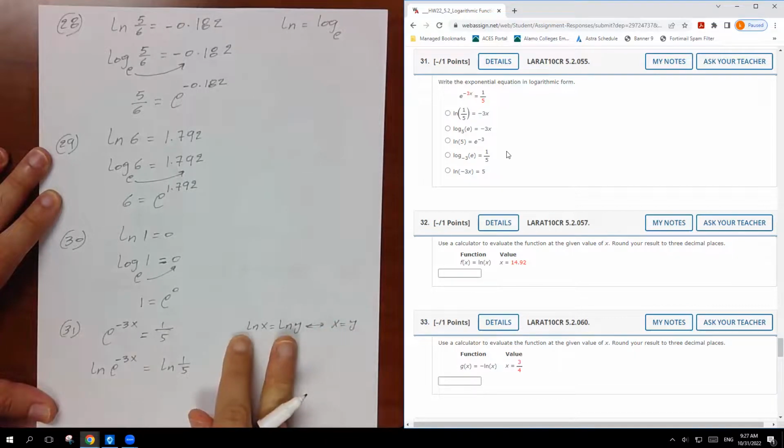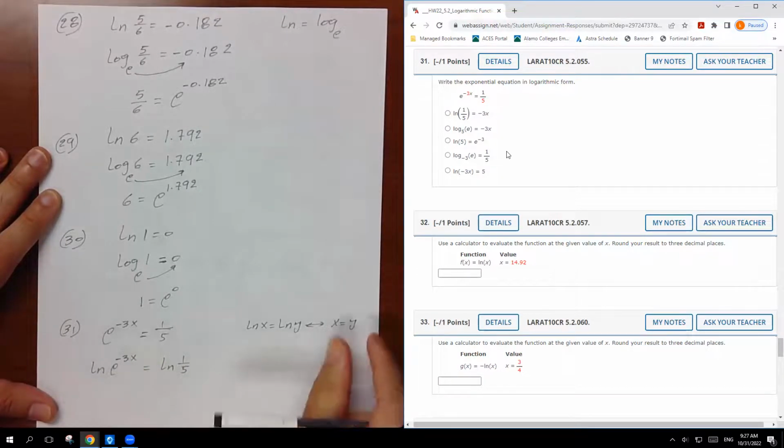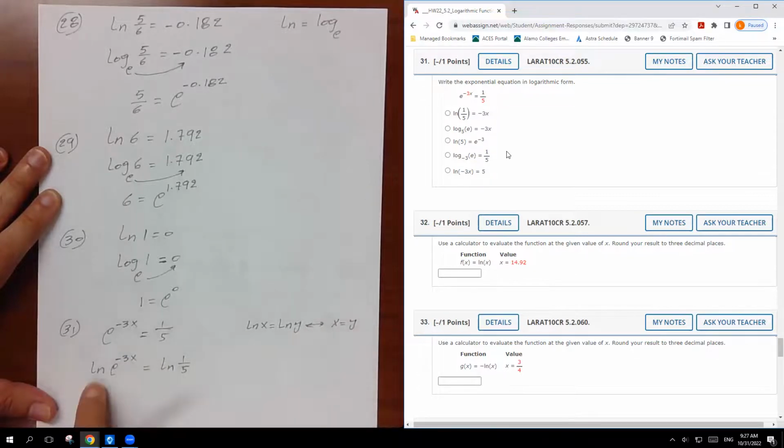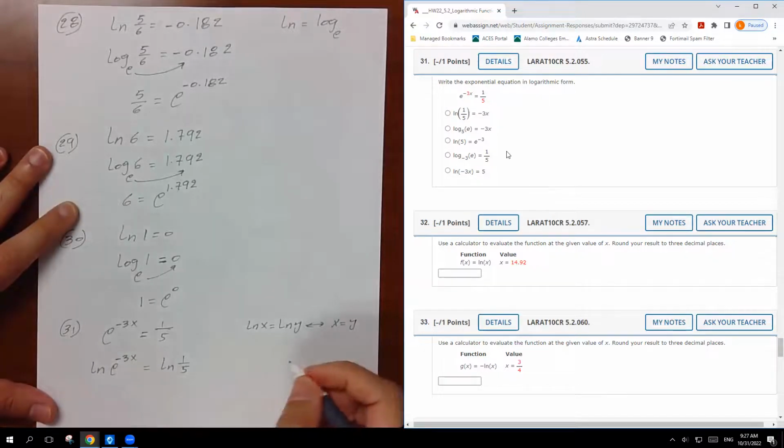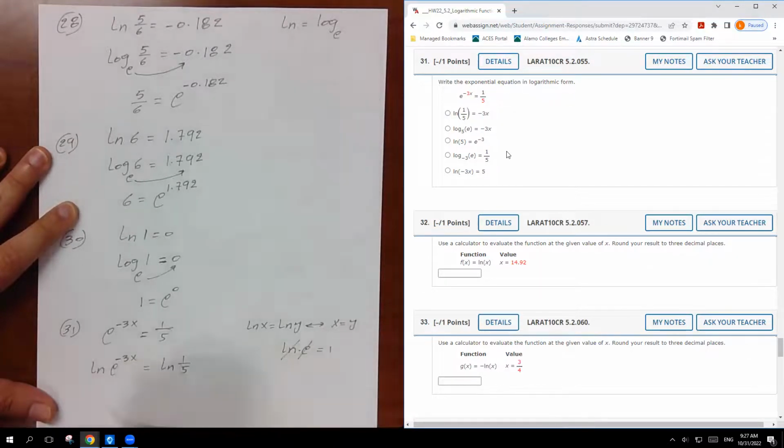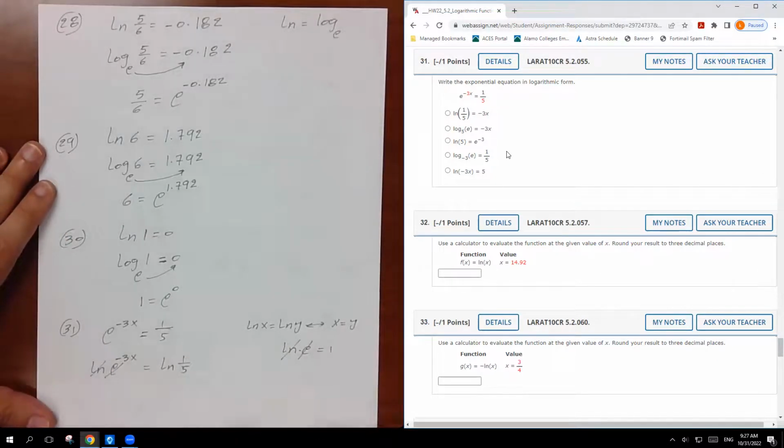I'm just using this rule. We already know ln of e is going to be equal to 1. That means this one is going to cancel with this one. So in this case, this side is going to be negative 3x equals ln of 1 over 5.